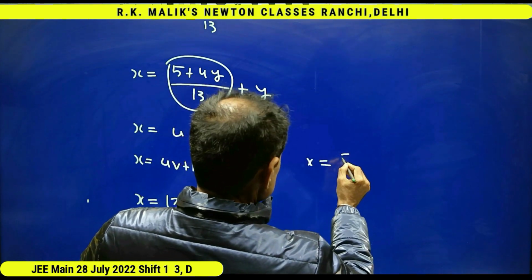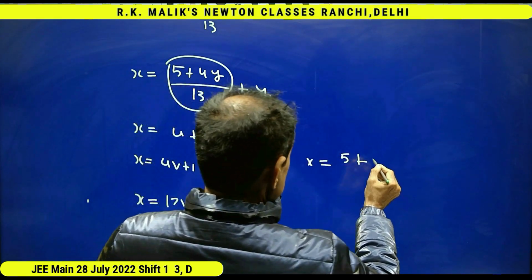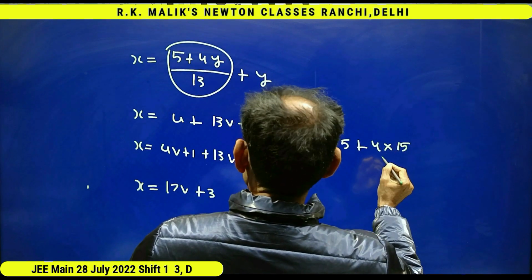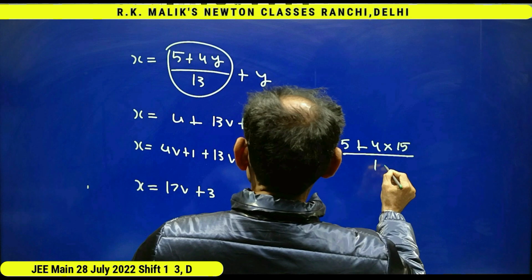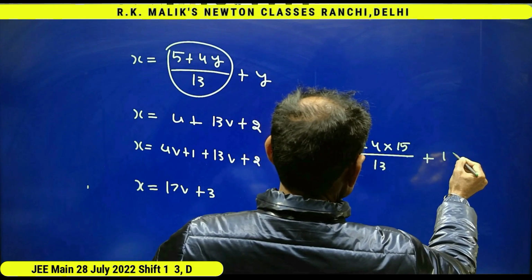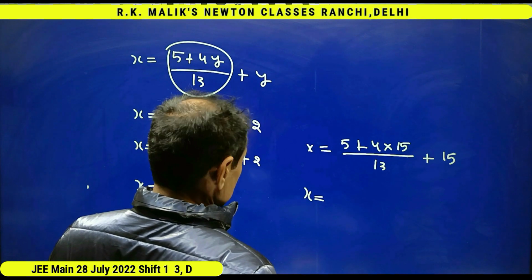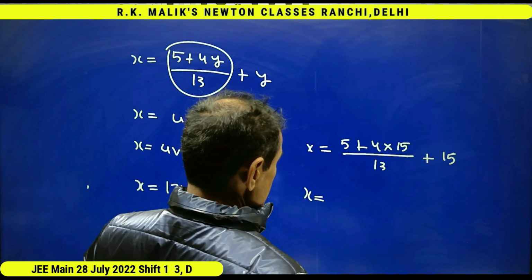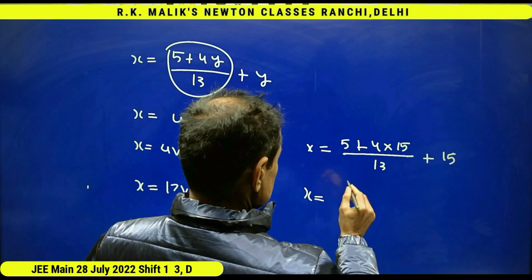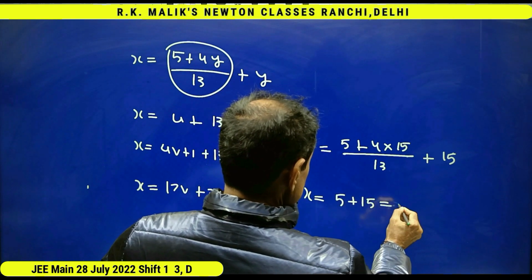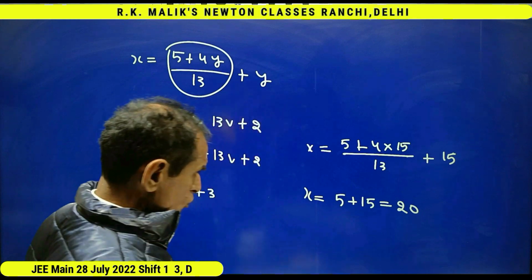x is equal to (5 plus 4 into 15) by 13 plus 15. I get the value of x as 5 plus 15, that is 20.